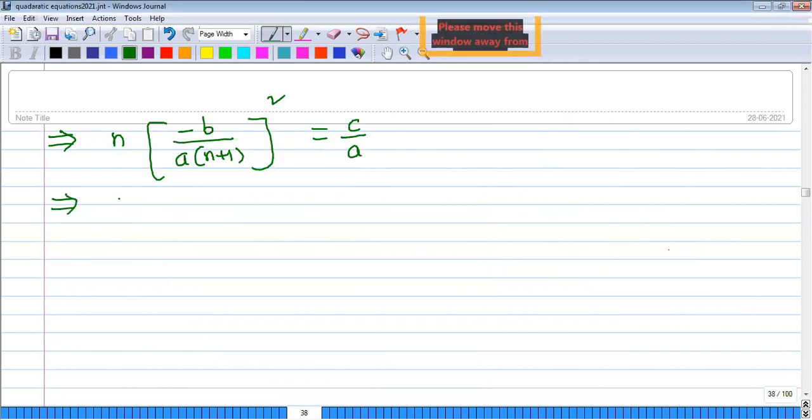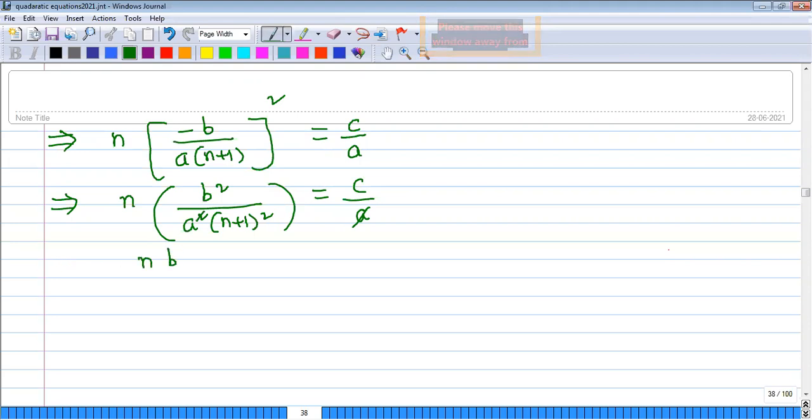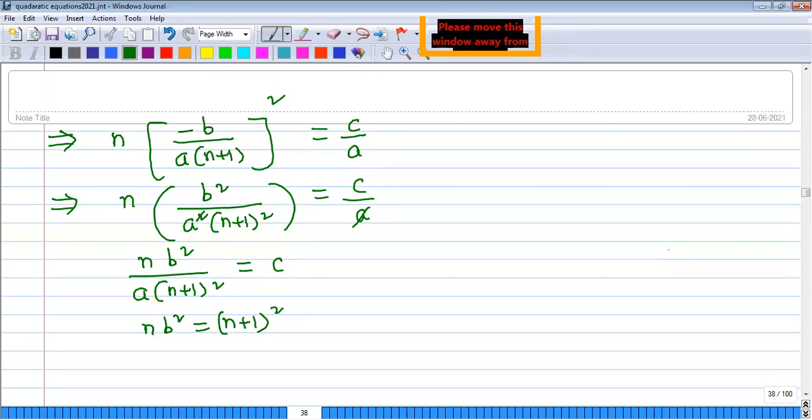We get n times b square over a square into (n plus 1) whole square equal to c upon a. A square and a, the a will cancel out. We get a only. So this is n b square by a times (n plus 1) whole square equal to c. Cross multiply: n b square is equal to (n plus 1) whole square into a into c, that is ac. So this is the required condition.